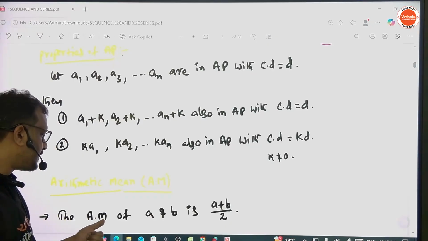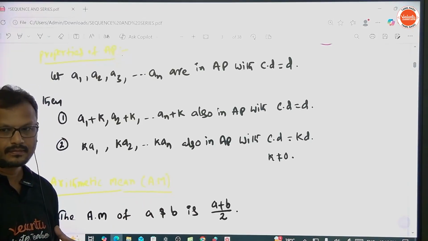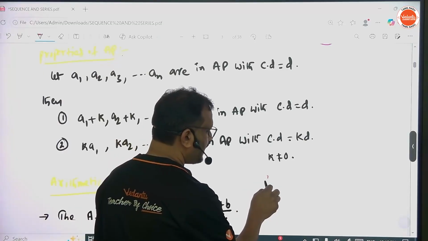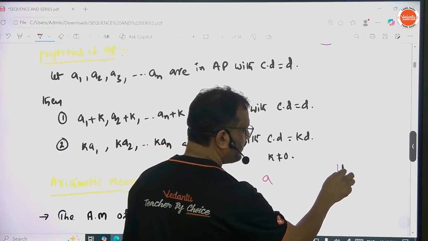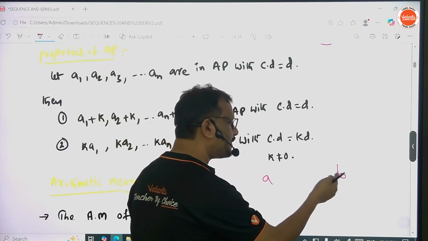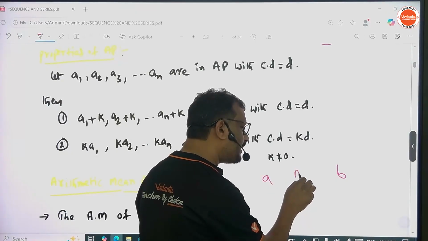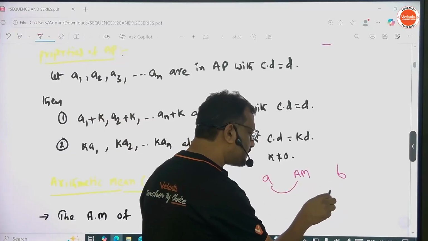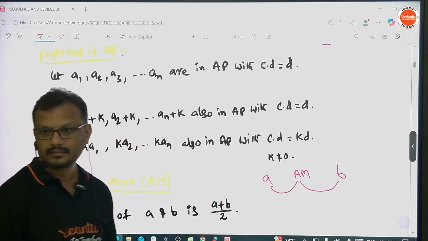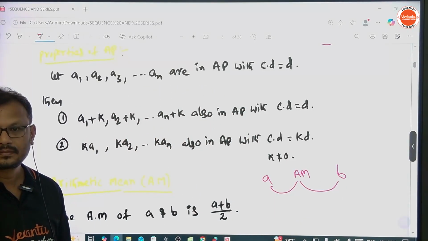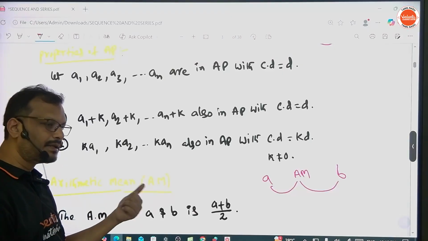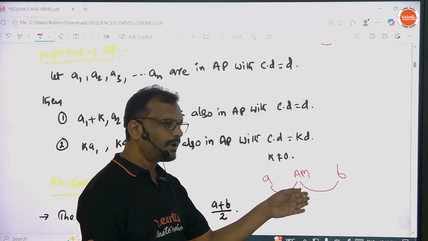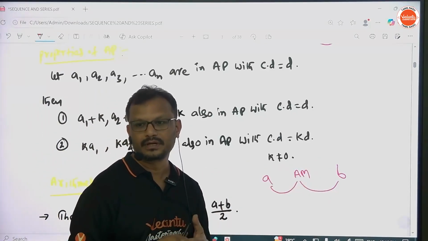Like the arithmetic mean of A and B. Suppose A is there, B is there, two numbers. The arithmetic mean of these two numbers will be somewhere in between them. The difference of these two and the difference of these two will be the same. If AM is the arithmetic mean between A and B, then A, AM and B will be in arithmetic progression.